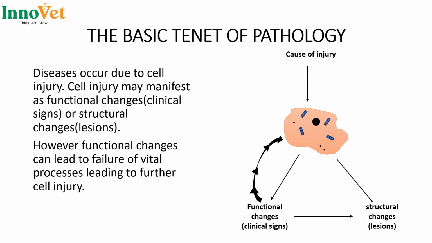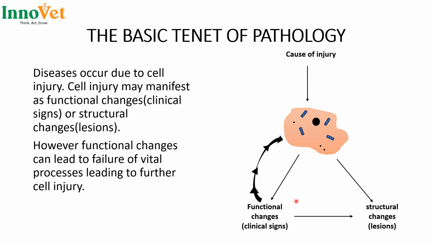To begin with, the basic tenet of pathology. This is an idea that the pathologists before us had, that disease occurs due to cell injury, and this cell injury may manifest as functional changes or structural changes.